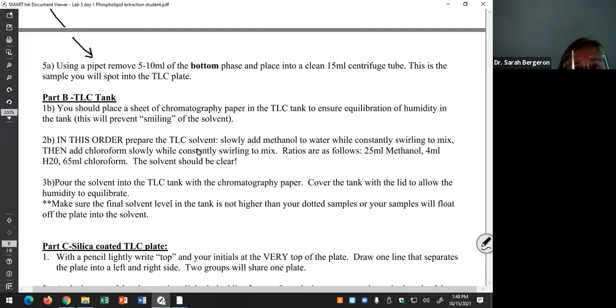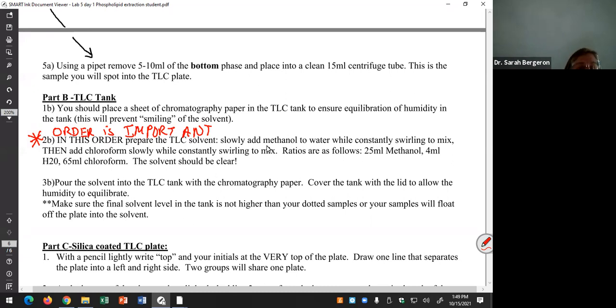This is super important. Order is important. If you put it in out of order, it's going to precipitate. So what you do is you start with water and you slowly add methanol to the water, constantly swirling as you're very slowly adding it.